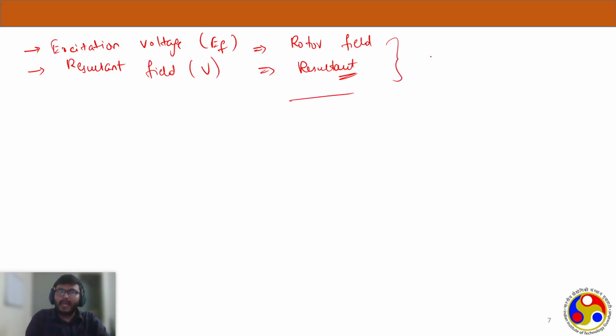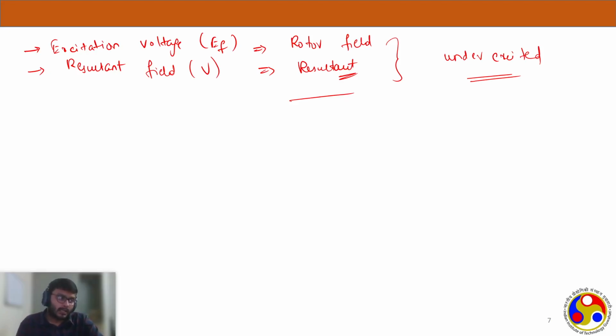Since my excitation is less, we can say my motor is under excited. You are not giving enough excitation to the motor. So we call this kind of condition of the motor an under excited condition.